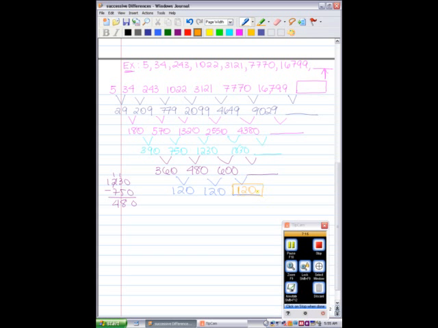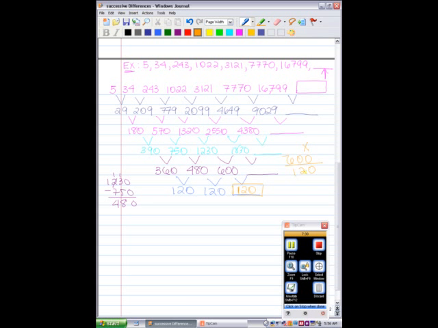Since we know that 120 goes here, the purple blank above it we could figure out, because 120 is the difference between 600 and this number. So that means mathematically, we have 600 subtracted from x gives us 120.